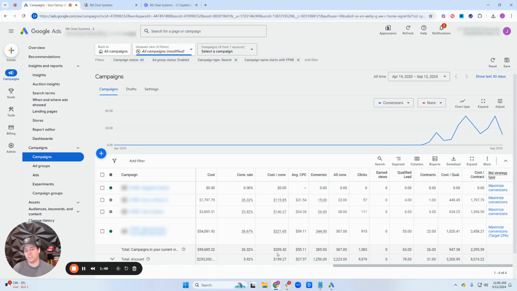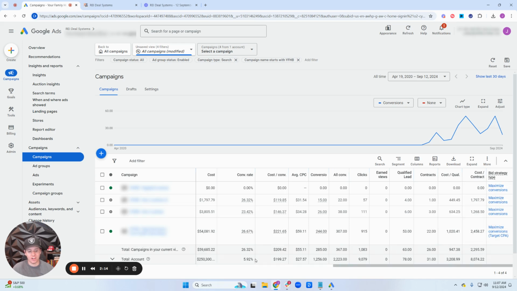And again, I'm going to show you their real numbers in a second because this is not 100% accurate. What really matters is the stuff over here on the right-hand side in terms of contracts, cost per qualified lead, and cost per contract. You can see we have the number of contracts that they've locked up, which is 31 in the entire account. Cost per qualified lead, $947, and cost per contract of $22.95.